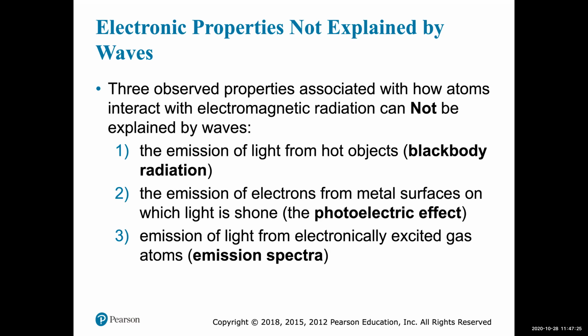The emission of electrons from metal surfaces on which you shine a light, that's called the photoelectric effect. And then the emission of light from electronically excited gas atoms. So if you get gas atoms excited and you get the right frequency of light on them, you'll get emission of light from that, and that's an emission spectra.